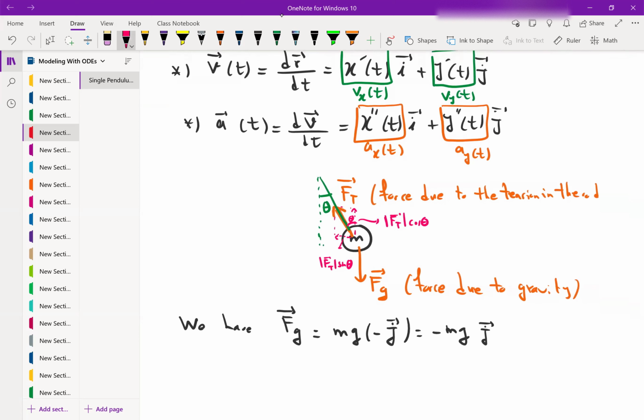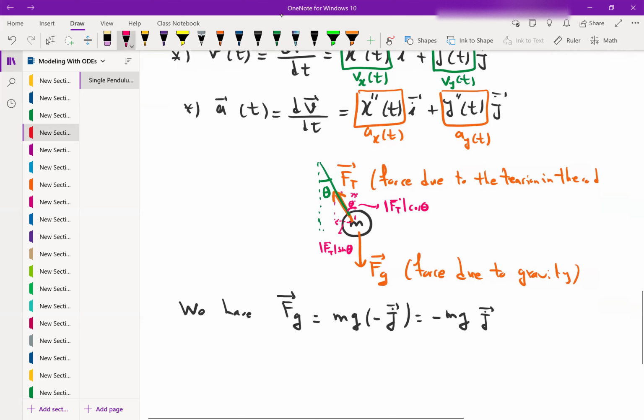So now, using the triangles that we see in this picture, Ft is equal to the horizontal component, which points in the negative x direction when theta is positive. So it will be negative the magnitude of Ft, the size of Ft, times sine theta i.